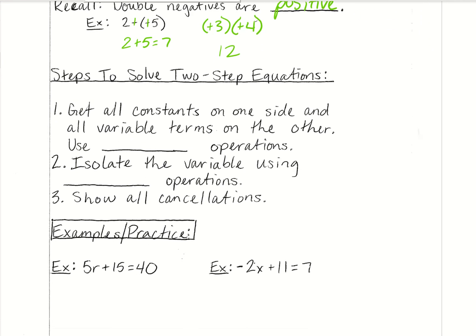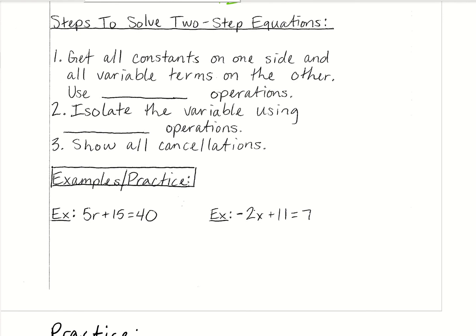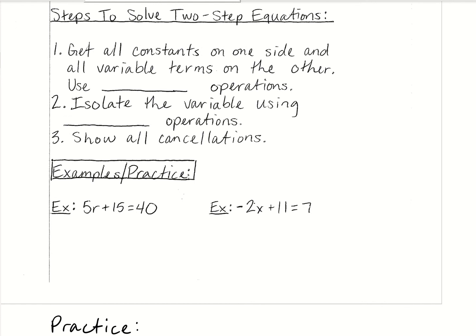So we'll go ahead and jump right into solving our two-step equations. Just like with one-step equations, we've got some steps to do. The first thing is you want to get all constants on one side and all variable terms on the other.